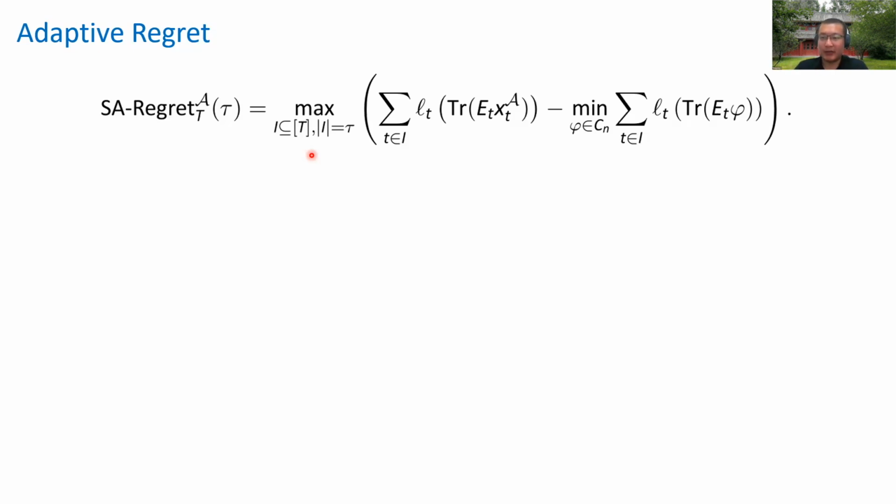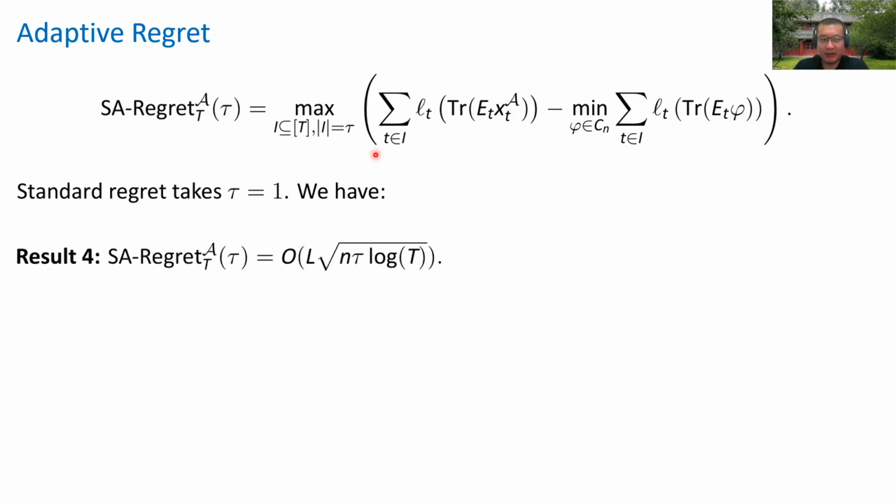To characterize this, we want to make sure that along all the intervals of a certain length here, we are always making a good prediction. So for instance, the standard regret is just taking tau here equal to 1. By doing that, we can give a result in terms of the adaptive regret.